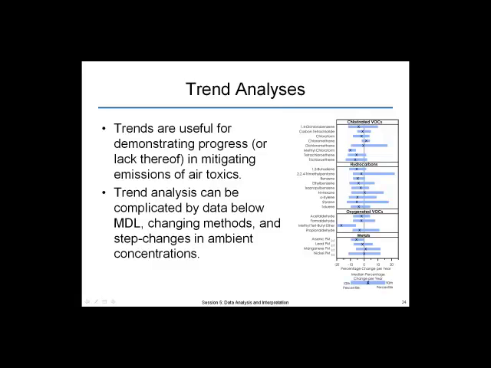So we're going to spend the last bit here talking about a little bit more data analysis methods and interpretation. One of the questions we ask a lot of our data is whether we're seeing pollutant concentrations coming down over time as we put in new rules, and the goal is really to decrease the amount of these pollutants so that we're not being exposed to them as much.